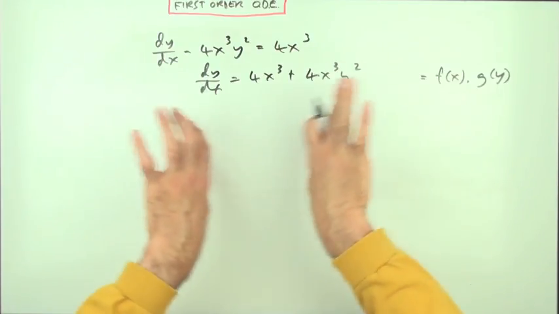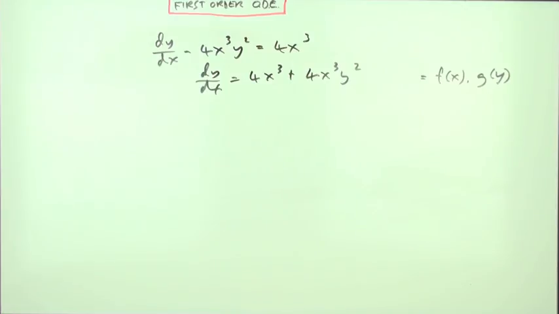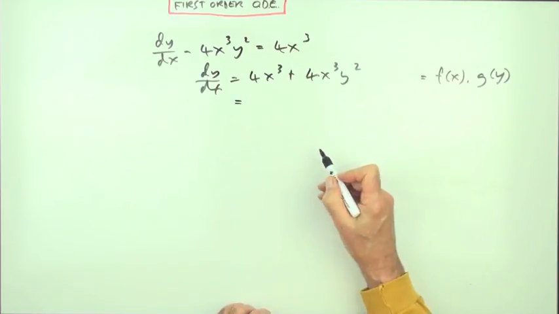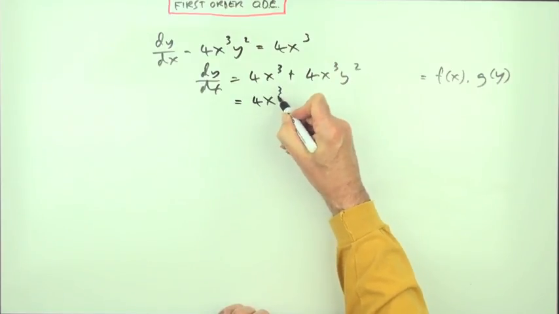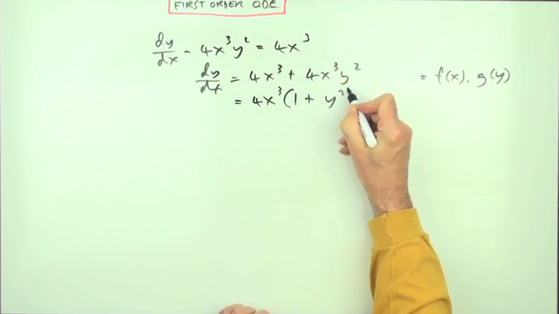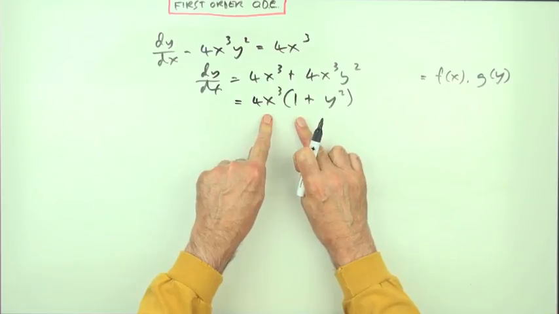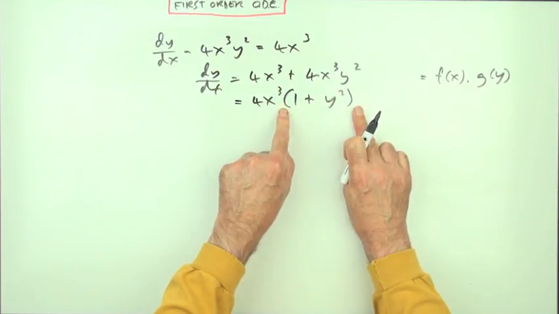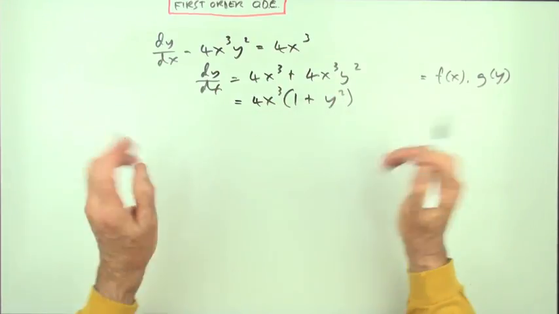Just keep them apart and all will be well. Oh, so you have to look at this part and say, can I factorise that? Well, of course you can. That's 4x cubed times 1 plus y squared. There you go. That factor, 4x cubed, just involves x's. This factor just involves y's. Okay, and a number, but that doesn't matter.